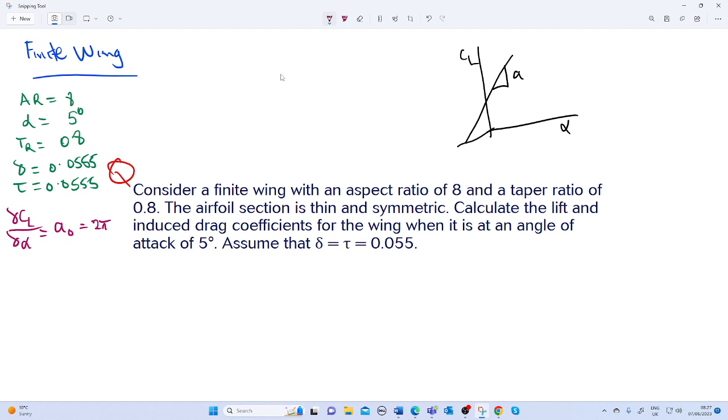Don't let us forget that the aerofoil is thin and symmetric. So therefore, CL equals A times alpha minus alpha L. It becomes 0.